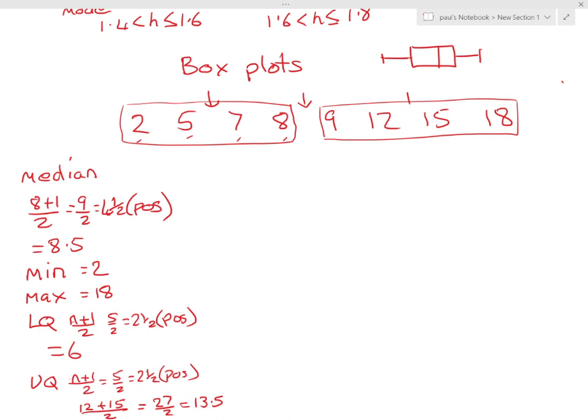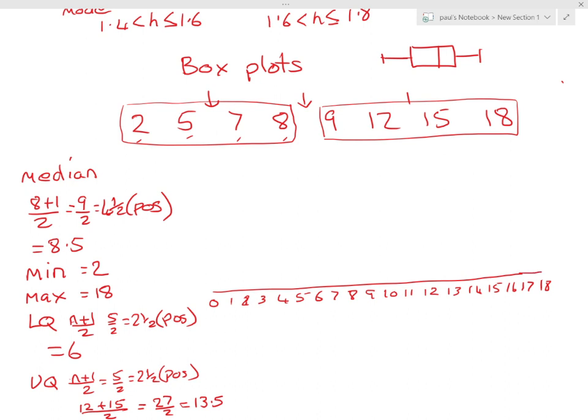Now, for the box plot, you're going to get some squared paper to draw this, yeah? And it will give you a grid at the bottom. So I'm going to go 0, 1, 2, 3, 4, 5, 6, 7, 8, 9, 10, 11, 12, 13, 14, 15, 16, 17 and 18.